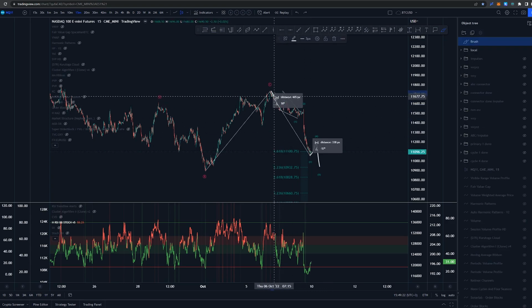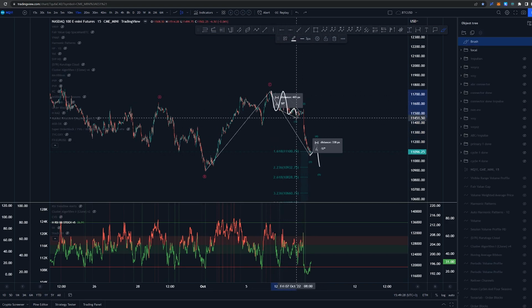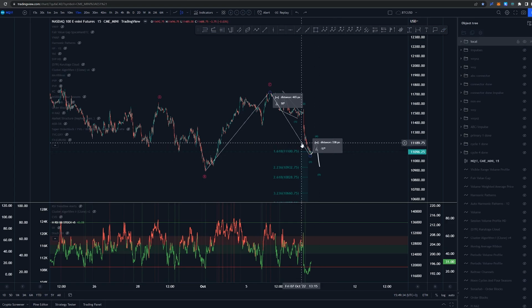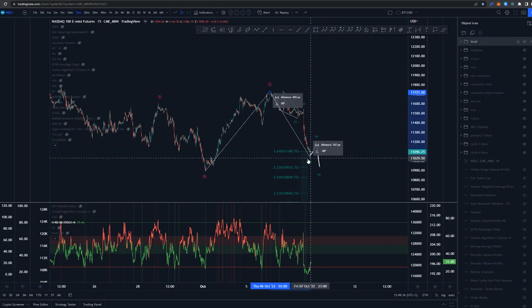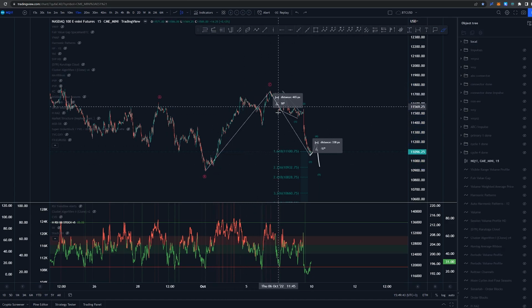And if we are comparing this to the current structure that we have coming down as a leading diagonal into 1, 2, 3, 4, 5, into 1, 3-wave pullback, 2, and then 3, we can see that this current structure is way more impulsive to the downside than this structure over here. So this is one way we can be comparing even impulse waves against each other.